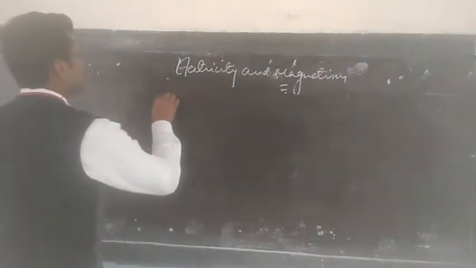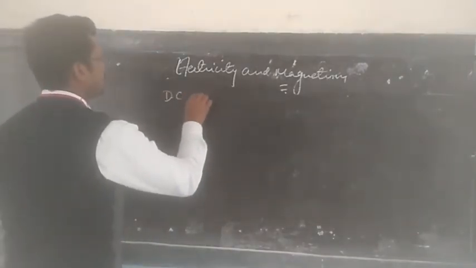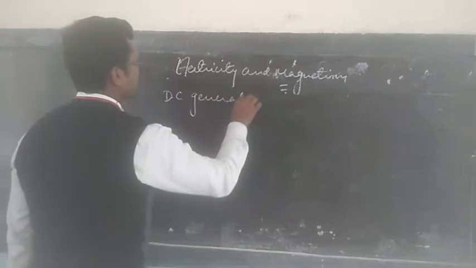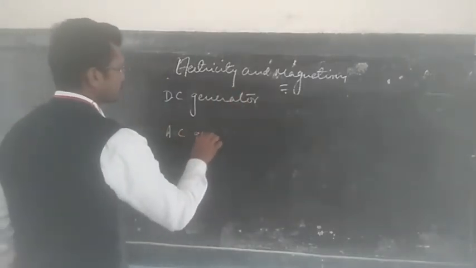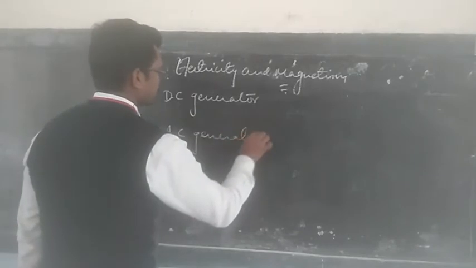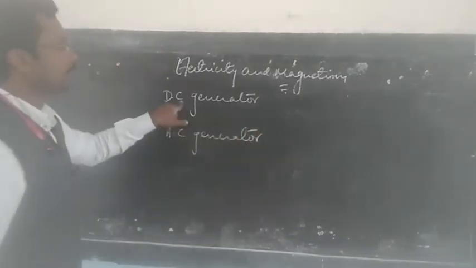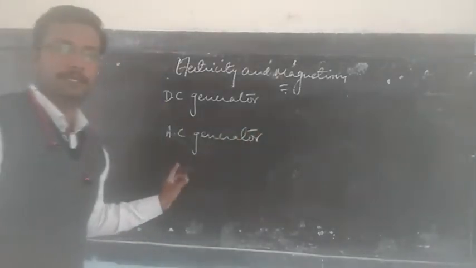Now we can also complete an electric circuit by using a generator, and there are two types of generator. One is called DC generator and the second is AC generator. DC means direct current and AC means alternating current.